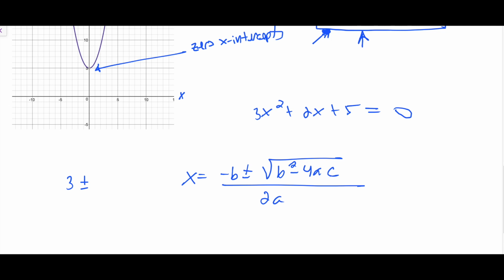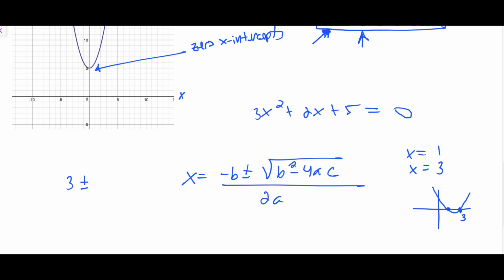Because it'll get you something like x equals 3, right? And on your graph, you'll notice that right here, that'll be a 3. So when you get that x equals 3 answer, that's because one of the x-intercepts is 3. But often you'll get two answers. So you'll get like x equals 1 and x equals 3.